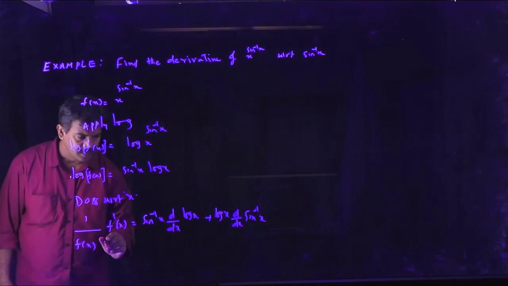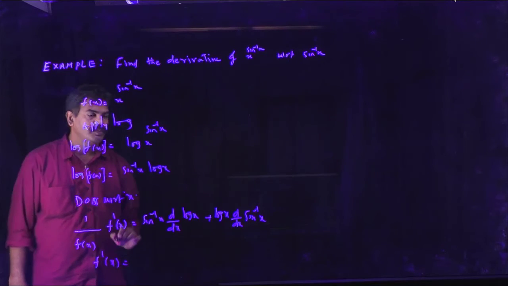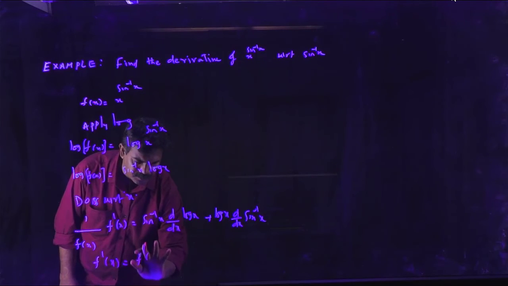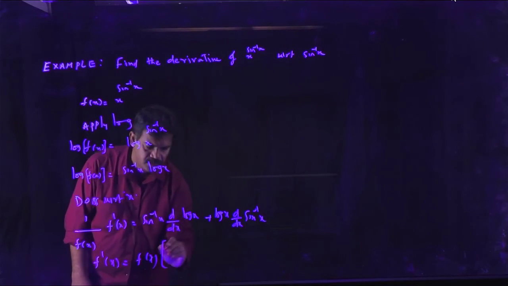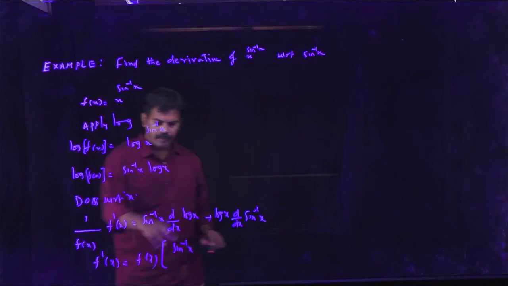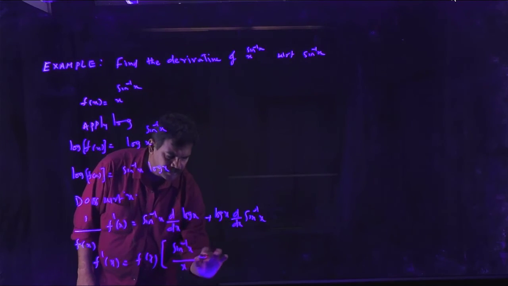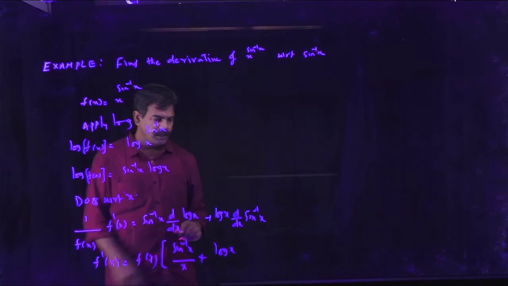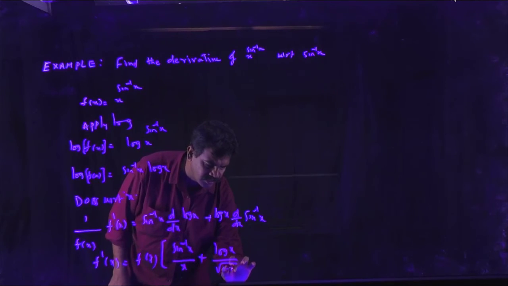That is, f dash x is equal to f of x into, sin inverse x, derivative of log x is 1 by x, plus log x into derivative of sin inverse x is 1 by root of 1 minus x square.